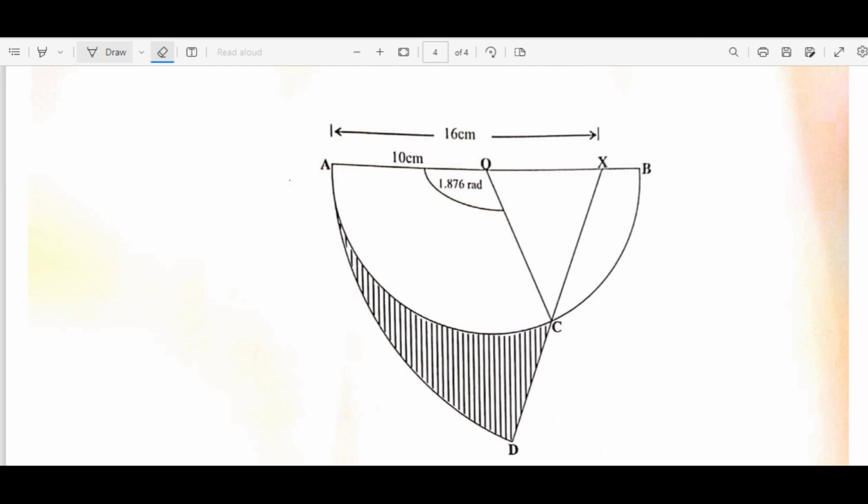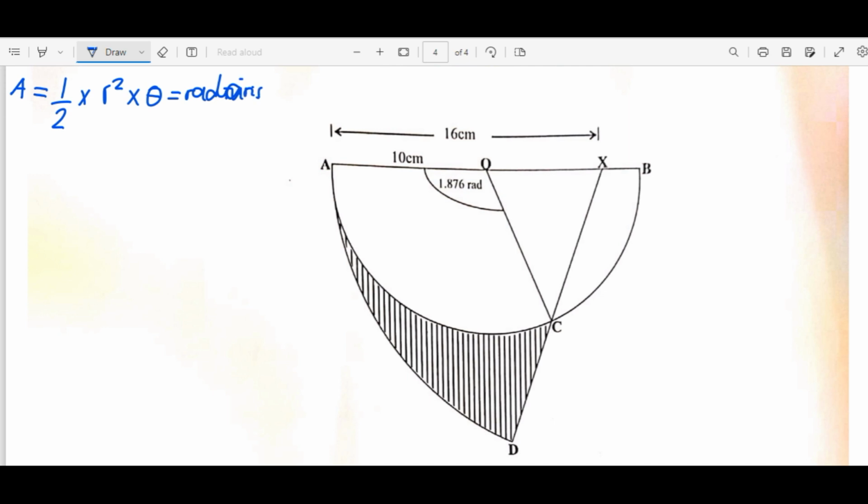Now we want to find the area given the angle in radians. So what is the formula for a sector? Is this one. So you say area is equal to half multiplied by radius squared times theta. So make sure this angle is in radians if you are using this formula.